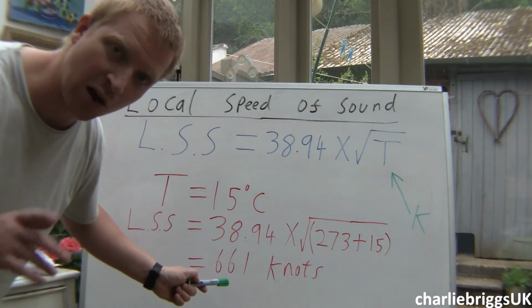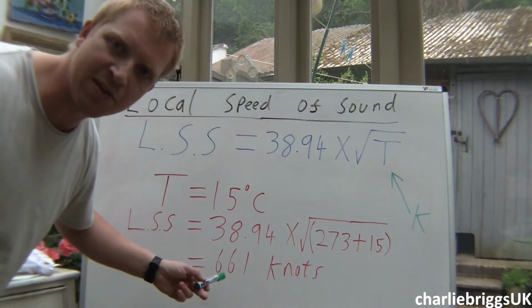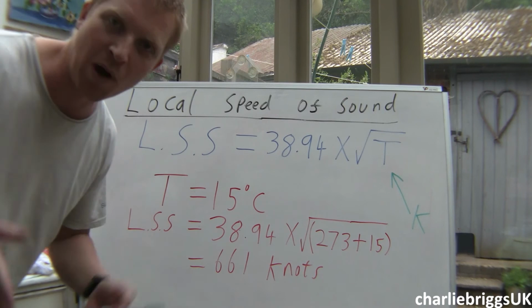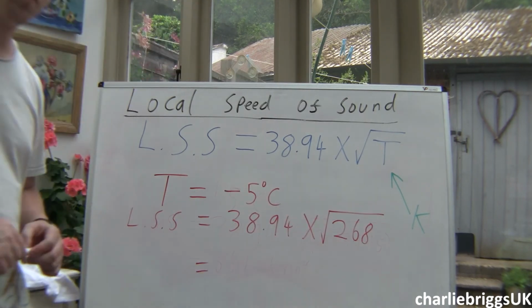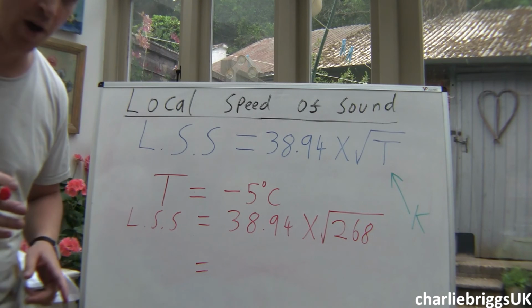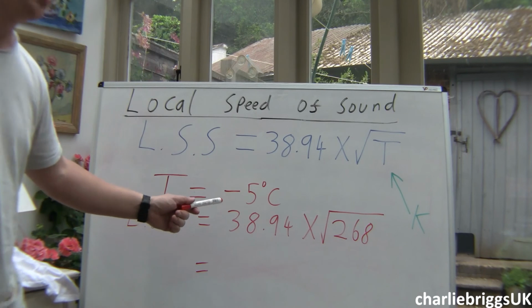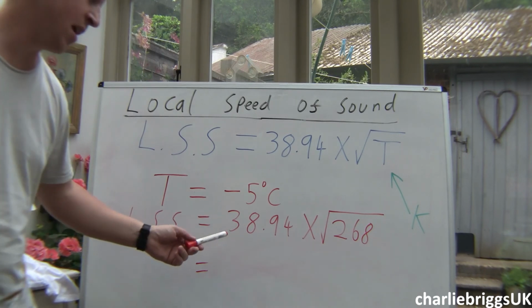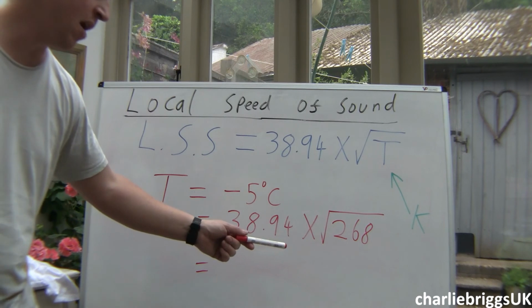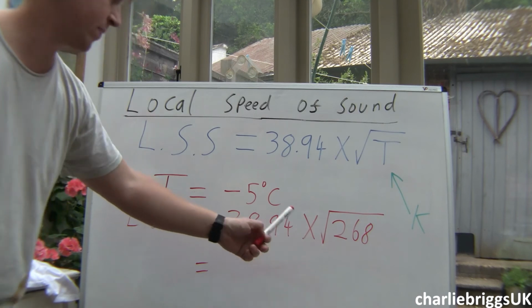What would this be in kilometers per hour? Well, you would multiply this by 1.852. There it is. Here's another one. Okay, this time the temperature is lower. Let's work this out. Local speed of sound equals 38.94 multiplied by the square root of 268.